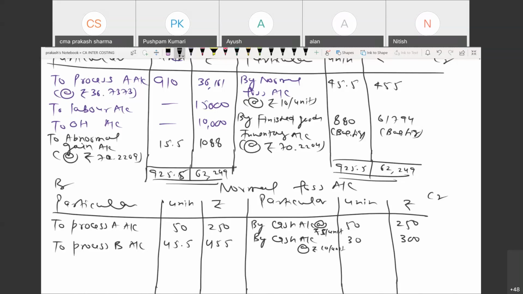Moreover, additional loss also took place in process B. In preparation of normal loss account, we need to check whether estimated normal loss has occurred in full or not. In process A, full normal loss of 50 units has occurred, so we will get scrap value for all 50 units.